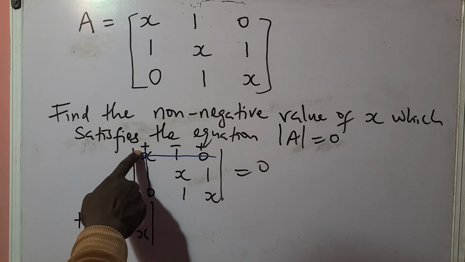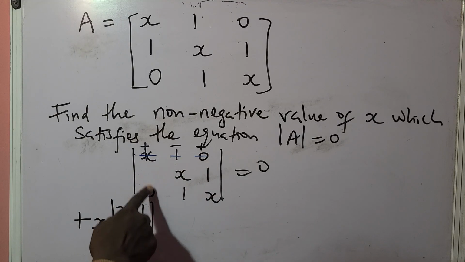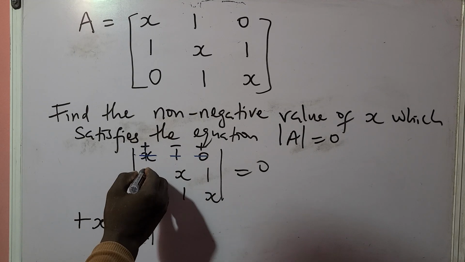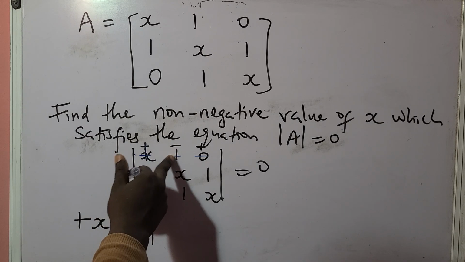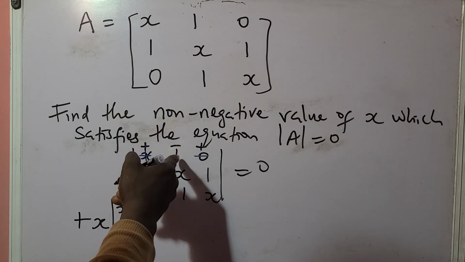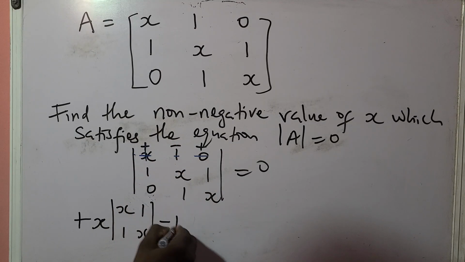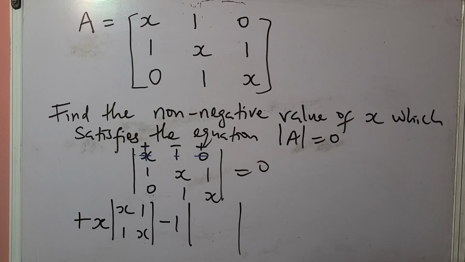If you can do this very well and ensure you do it in such a way that you can easily follow through, then you go on with the next one. This was plus x, so now you do minus 1. You write minus 1 and open up new determinant braces.